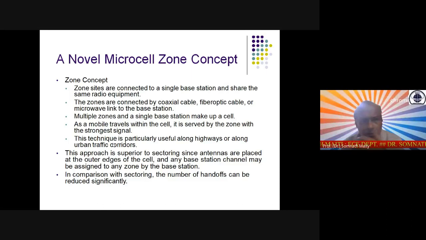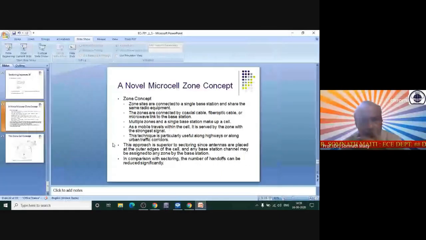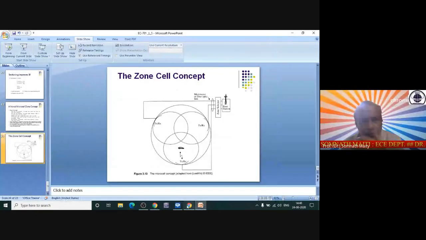It may cause a glitch or it may cause call drop. So if you want to avoid call drop or improve the performance or customer satisfaction, you need to go for this microcell. So this is all in this.